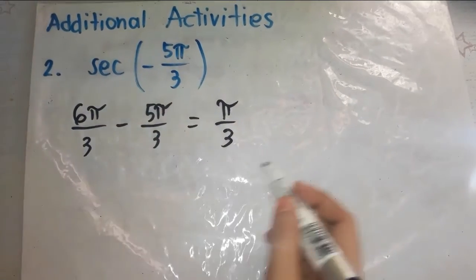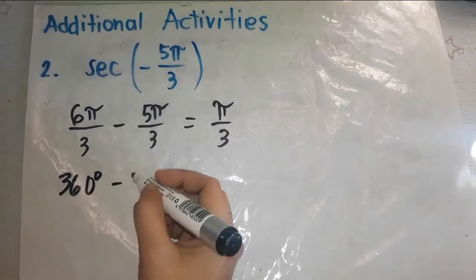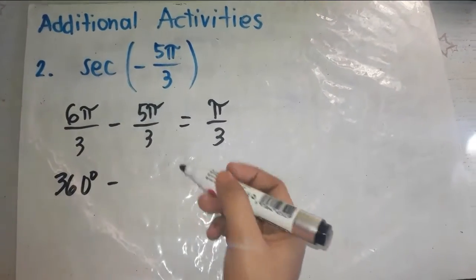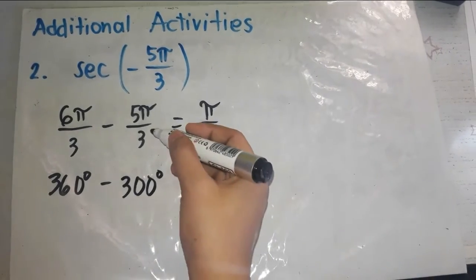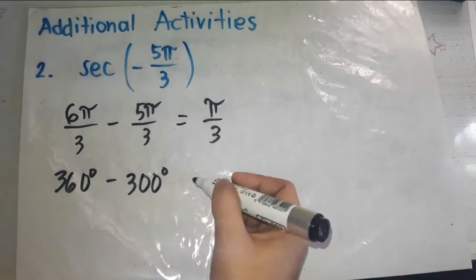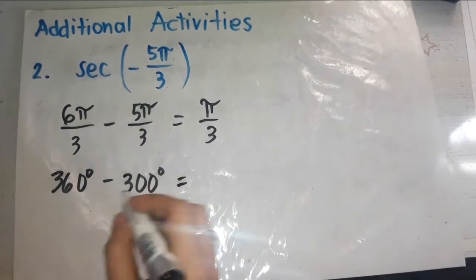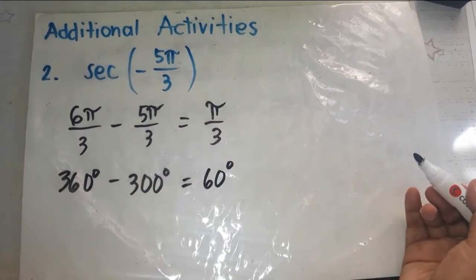If you convert this into degrees, this is 360 degrees. Again, 2 pi or 360 degrees. 5 pi over 3 is 300 degrees. Remember, over 3 means 60. 60 times 5 is 300. Equals 360 minus 300, we'll have the reference angle, 60 degrees.